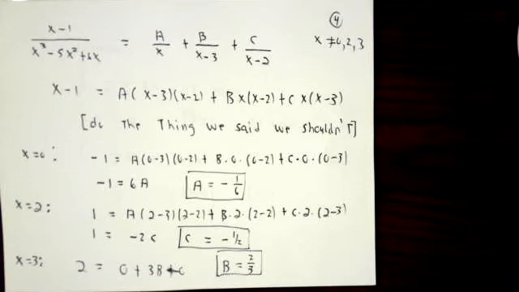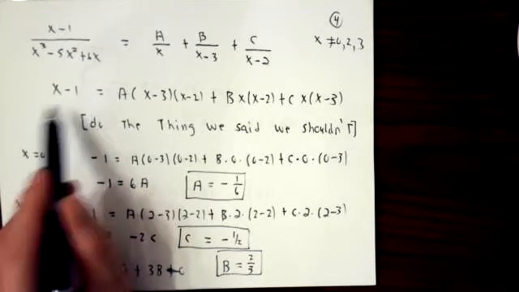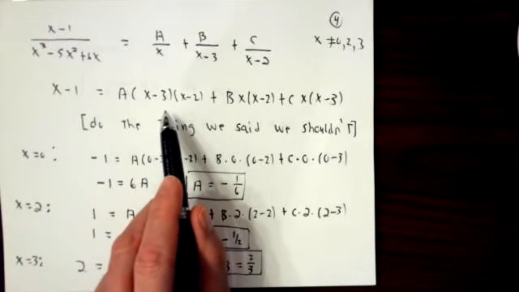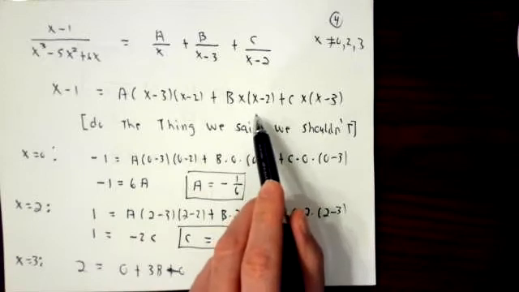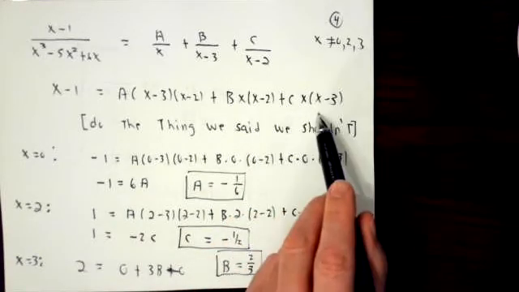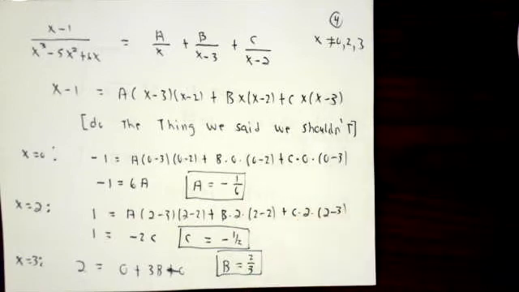Because these are polynomials, this side would simplify down to 0 minus 1. This would simplify to a times -3 times -2. This would simplify to b times 0 times -2. And this would become, in the limit, c times 0 times -3. On one level, I shouldn't be sticking x equals 0 into this.